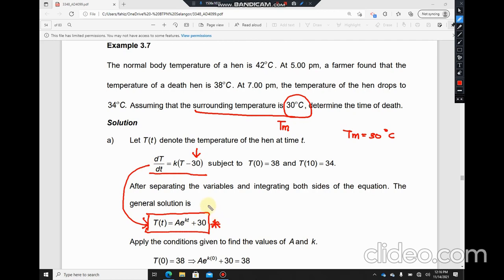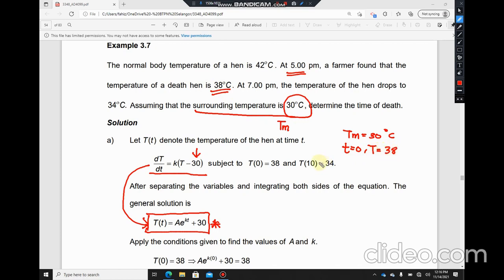Okay, so dekat sini, kat mana kita nak cari initial time, initial temperature. When T equals 0, dalam case ni, at 5 p.m., a farmer found that the temperature of a dead hen is 38. Maksudnya kat sini pukul 5, dia dah jumpa temperature masa dia mula-mula mati tu, ayam tu. So temperature dia adalah 38. So kat sini we set that T equals 0, the temperature is 38.